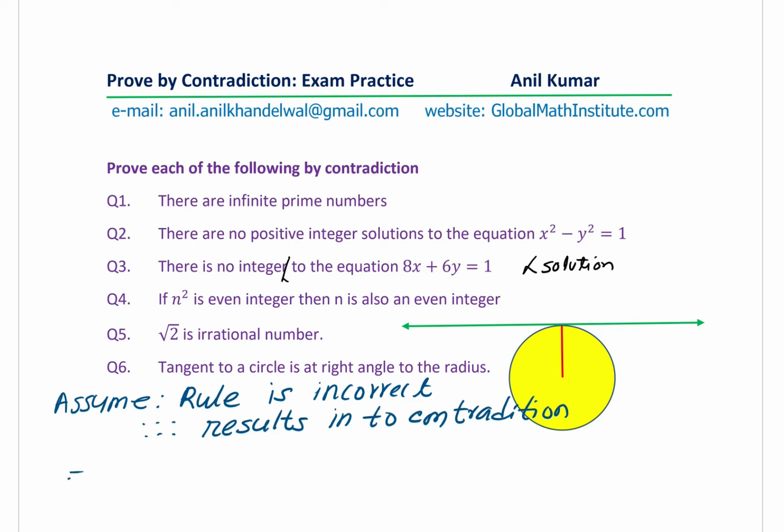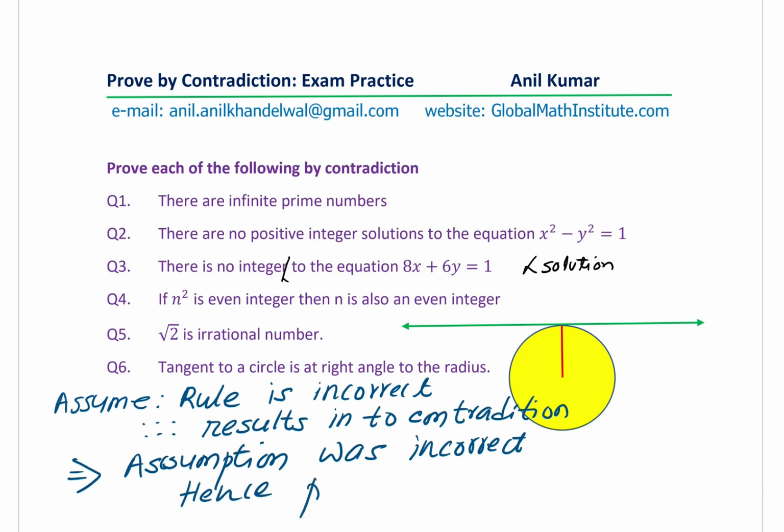That means that the assumption was wrong. And then we say, well, since the assumption was wrong, the statement was correct, right? So that means we proved the statement, or the rule, as the case may be. So these are going to be our steps to follow.